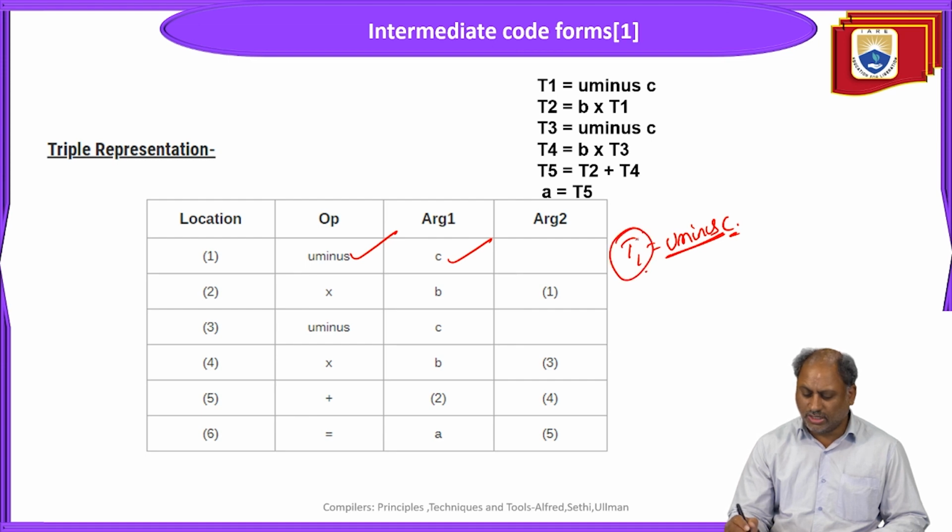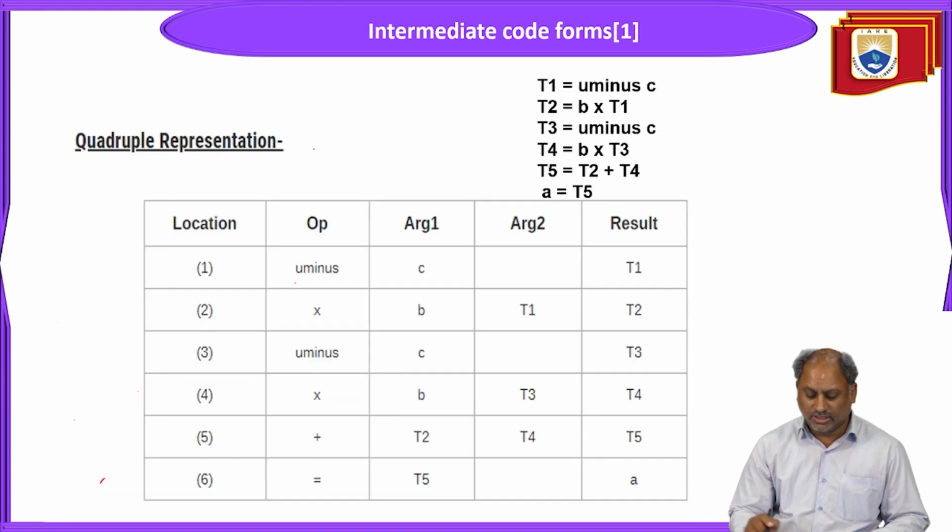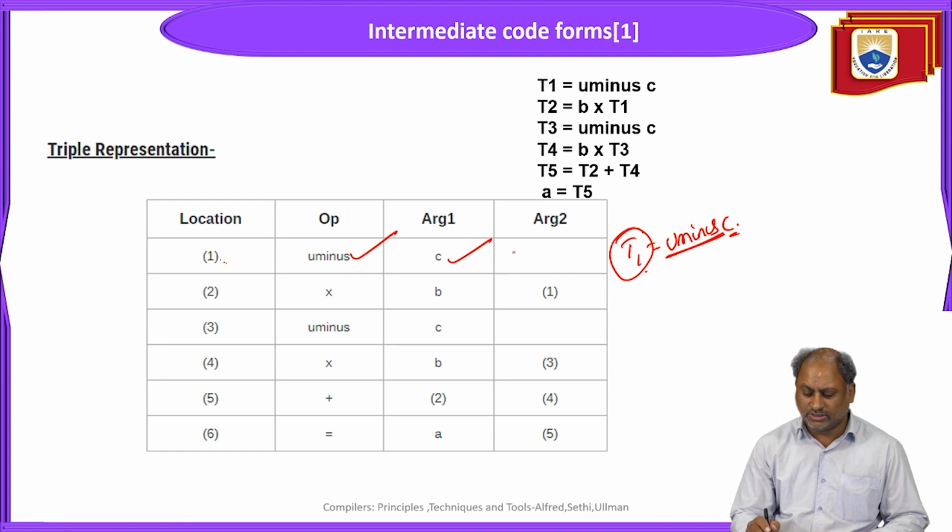But here we are not writing T1. Instead of writing T1, we are going to write a reference. In the quadruple representation we write T1 as the result, but here we are not writing T1 in the result. Instead of writing the result T1, we are writing a location reference.